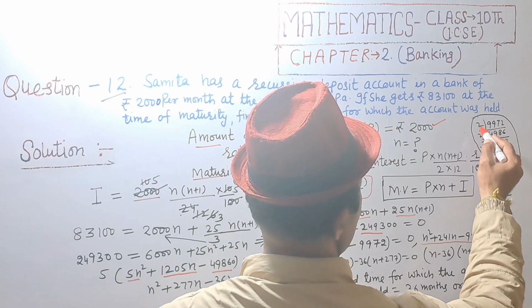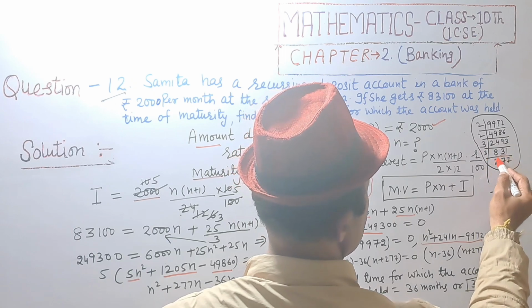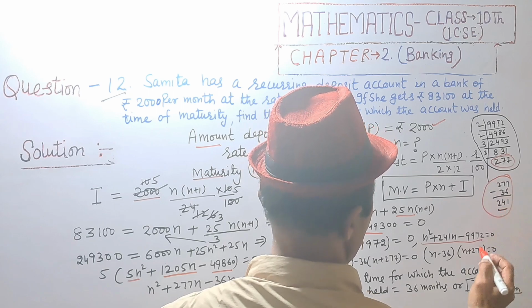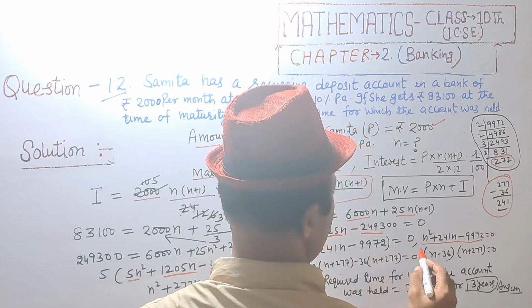We are factorizing 9,972: 2 into 2 into 3 into 3 into 277. 277 minus 36 is equal to 241.